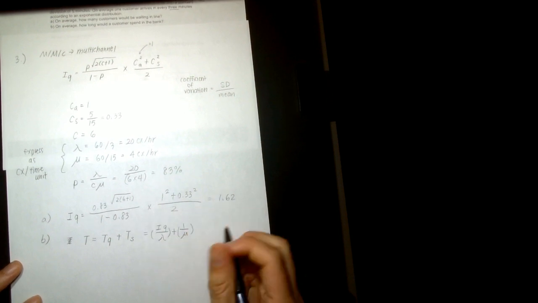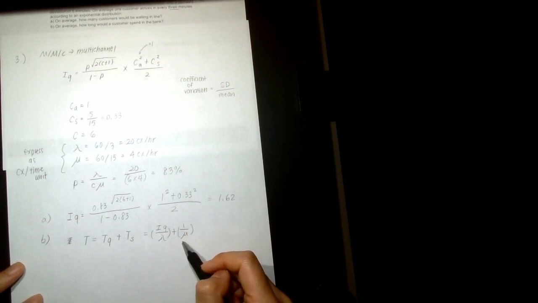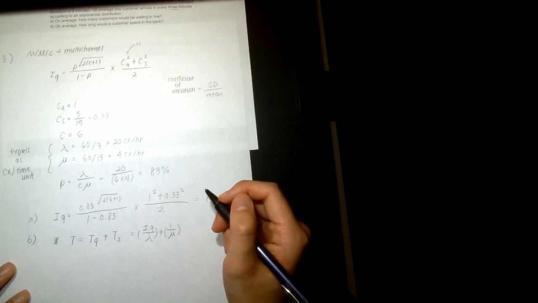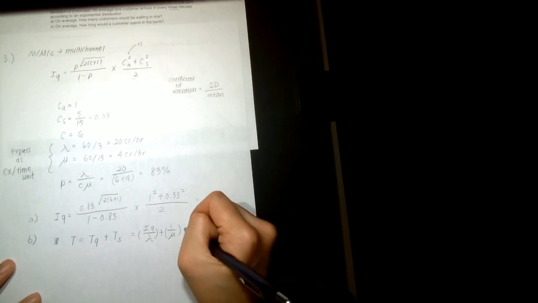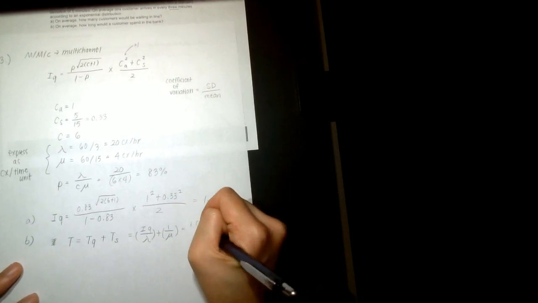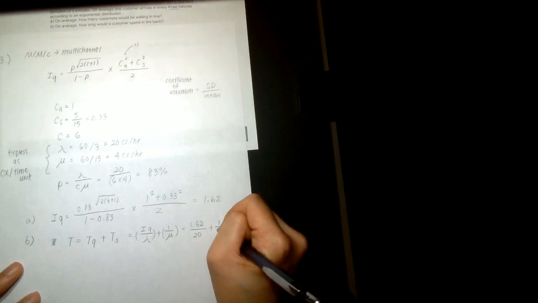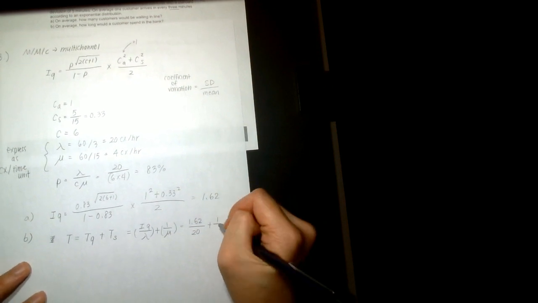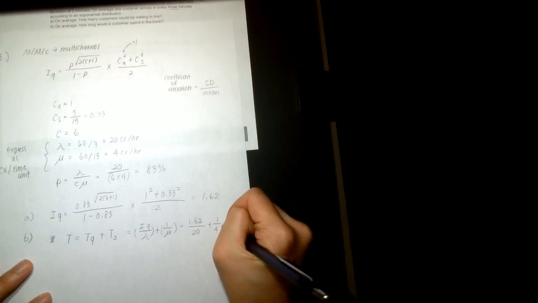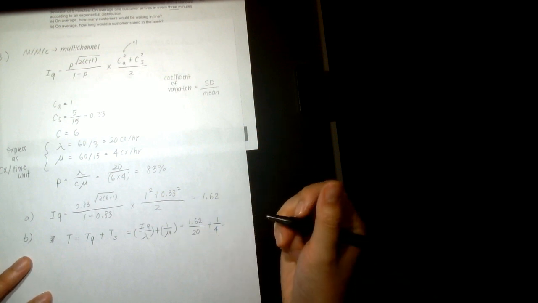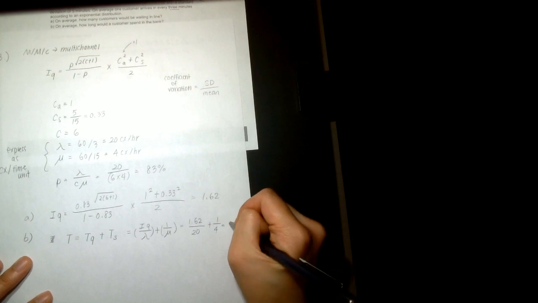This is just given from the PK formula. If you plug this in, 1.62 over 20 plus 1 over 4, it would give you 0.334 hour.